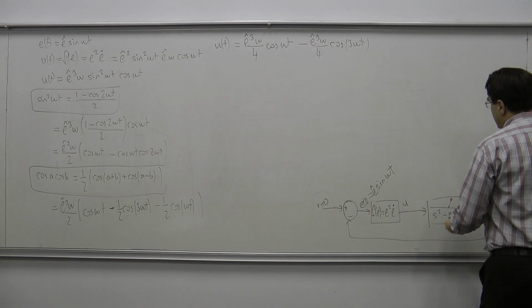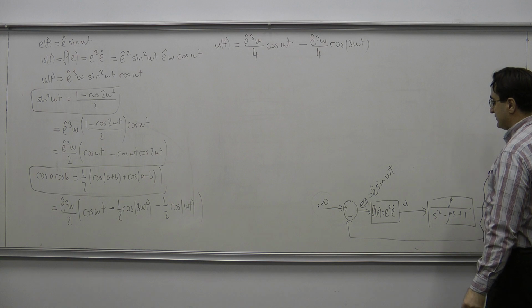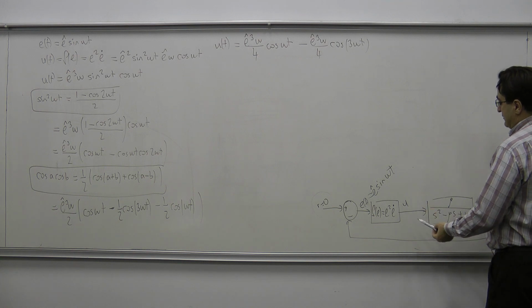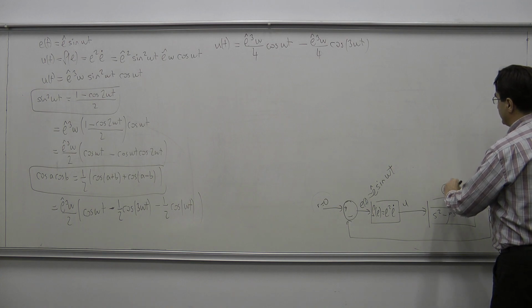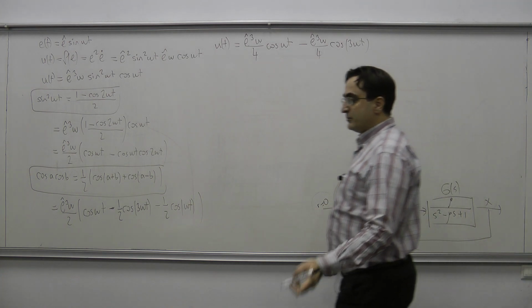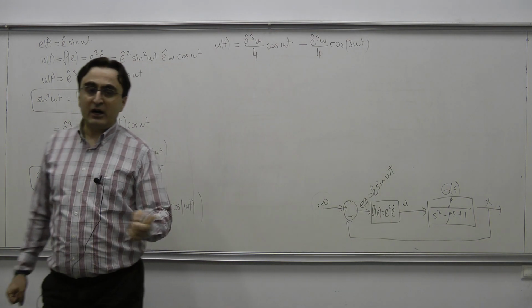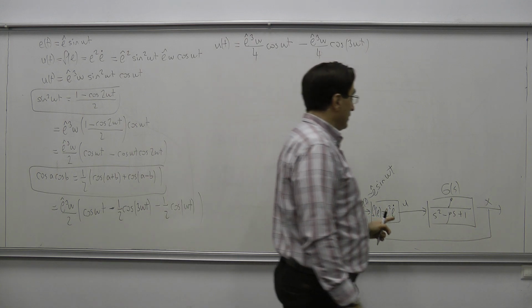So now when I go back to my system here, remember that we were assuming this G of S, this linear system, to be low pass. What does it mean? It attenuates high frequencies by larger amounts.